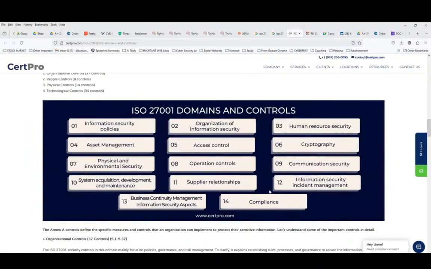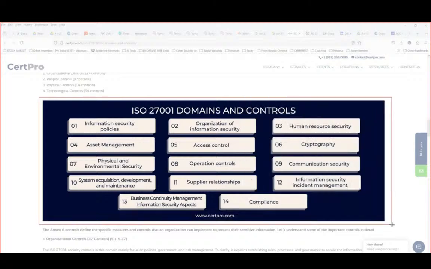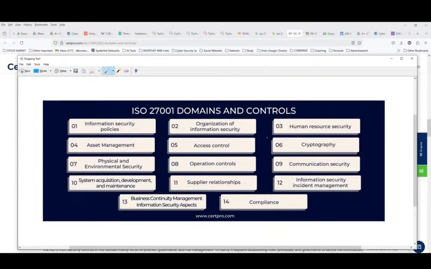I'm just going to talk about all of these one by one. Let me know which you are comfortable with, which you understand. Information security policies: what the policies are, how to create policies, types of policies, importance of policies. Anything you know about information security policies, let me know.